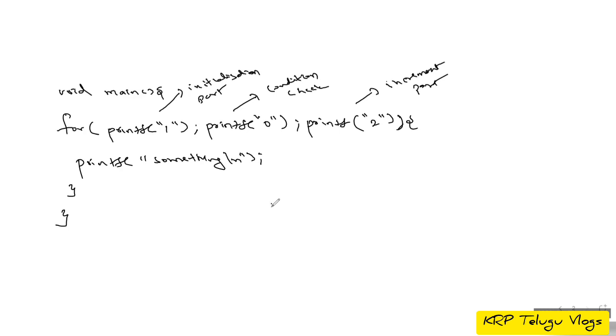Initialization part. So 1 will be printed. Correct? Yes, sir. Next where will it go? Condition. So 0 will be printed. Okay. Next where will it go? Increment? No, that is wrong. It will not go to increment. After the condition check, if this is true, it will come inside for the statements. So something will be printed.